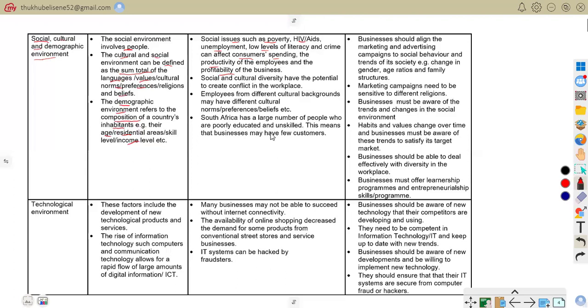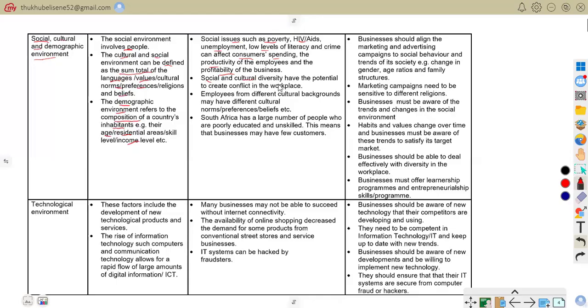So these problems reduce business performance. That is simply what it means.